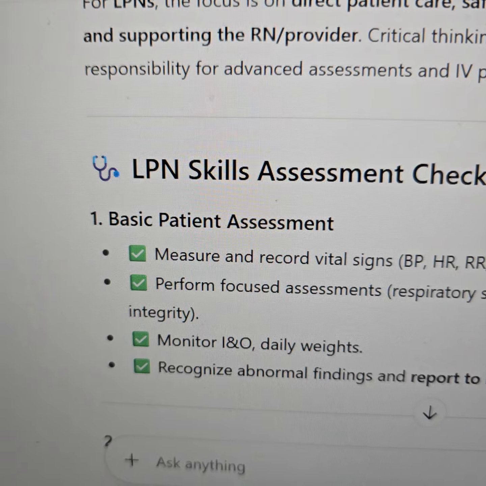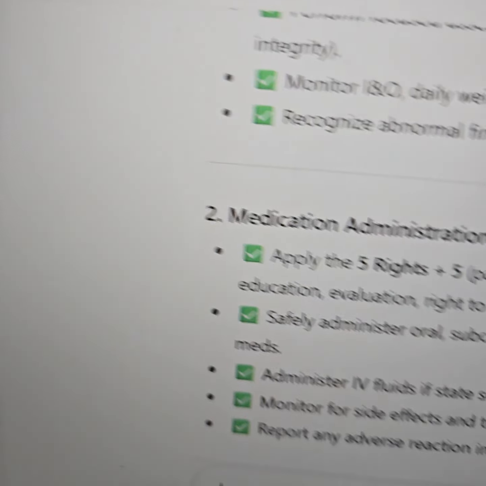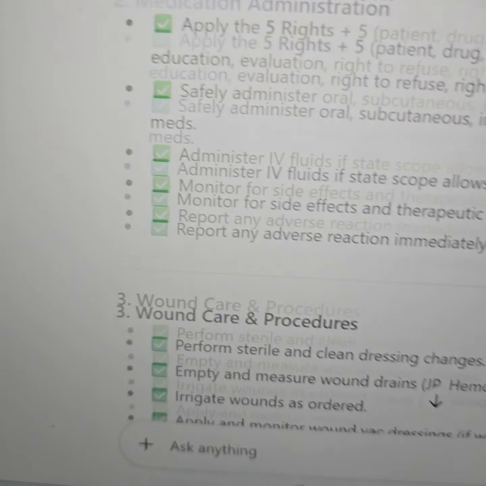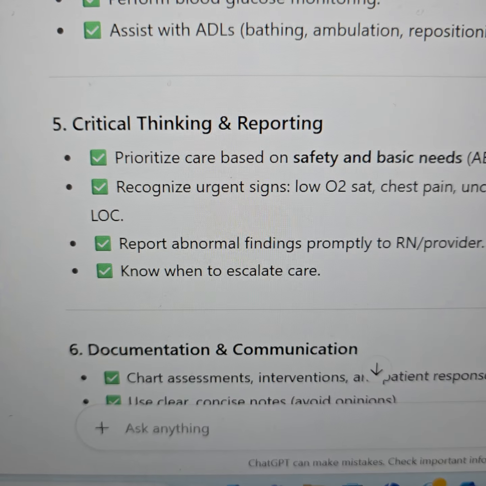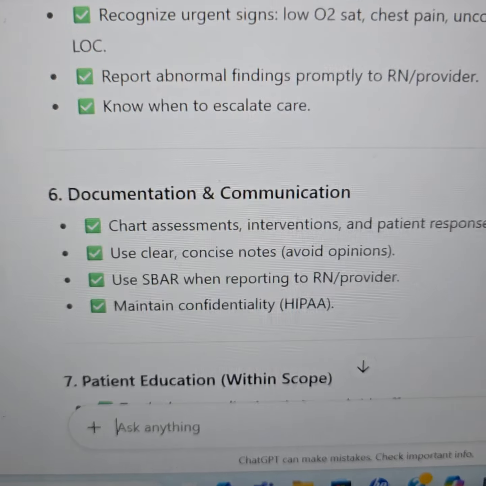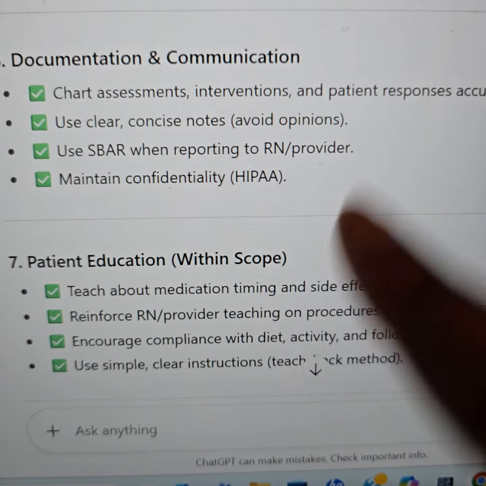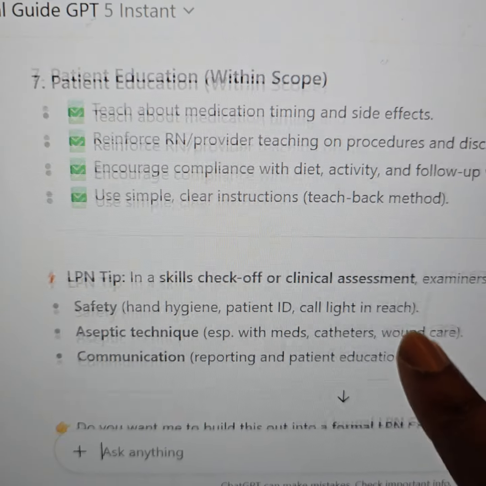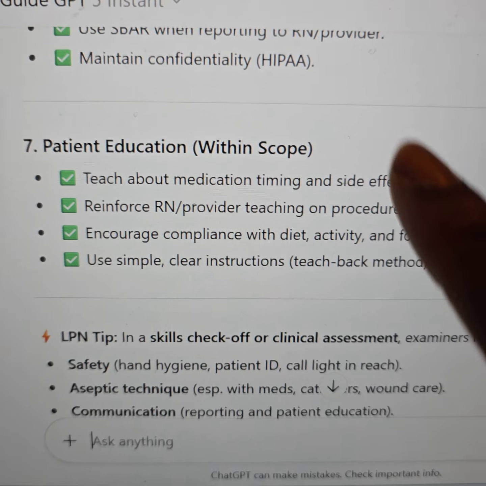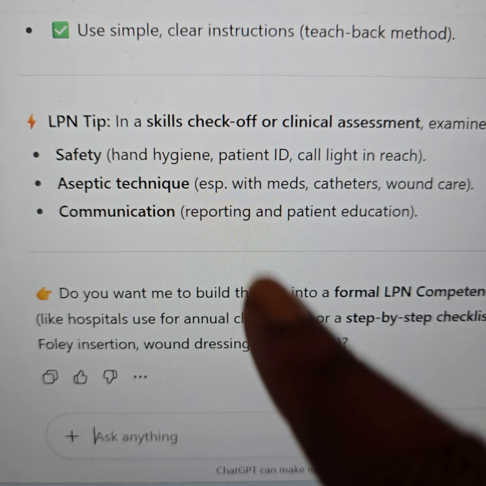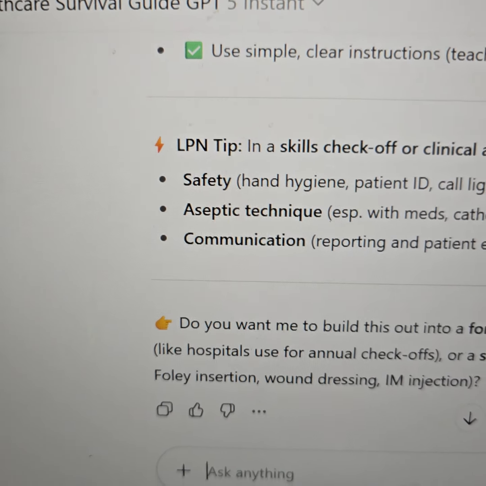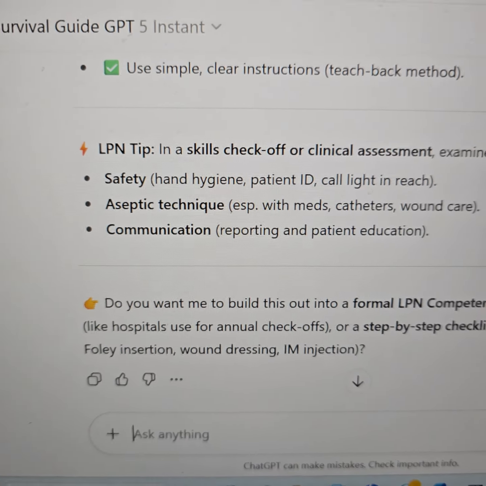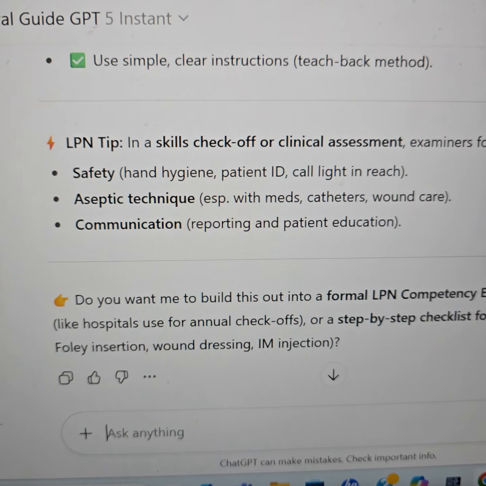Basic patient assessment, administer medication, wound care, patient care, critical thinking and reporting, documentation, right? Patient education within scope. See, it gives you specifics. And the tip is always check assessments. You see how, in school, whenever a teacher highlights something, it's important and you need to know it.